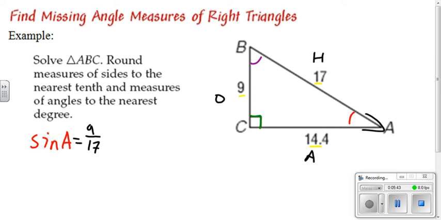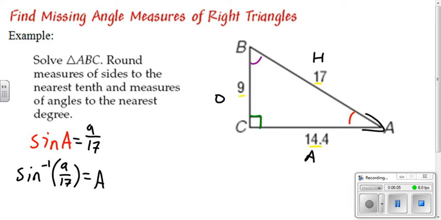Now to get A alone, there's a function or a button on your calculator called the arc sine, or else on some calculators it might look like sine with a little inverse there. So we would use the arc sine of 9/17 to equal A.